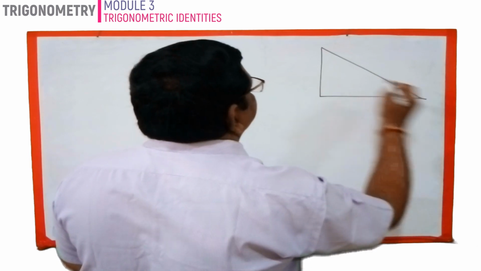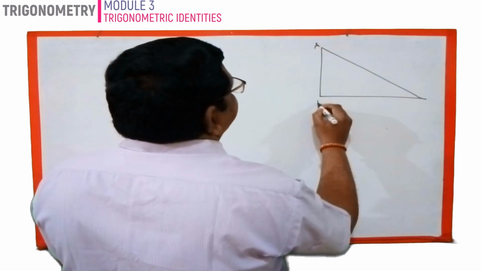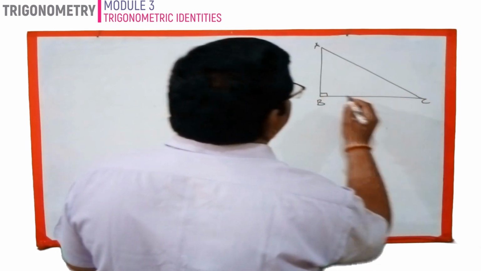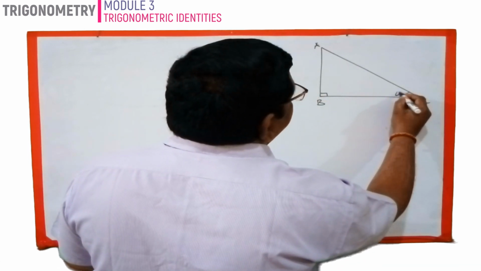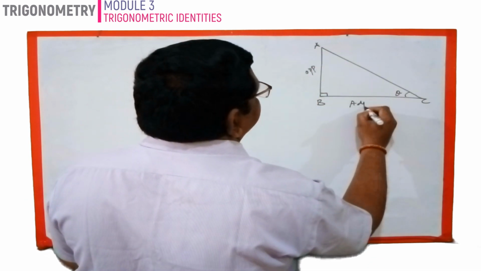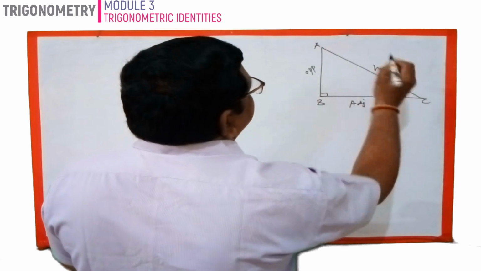Say this is a right angle triangle ABC, right angled at the vertex B. Take this angle theta. This is the opposite side, this is the adjacent side, this is the hypotenuse.